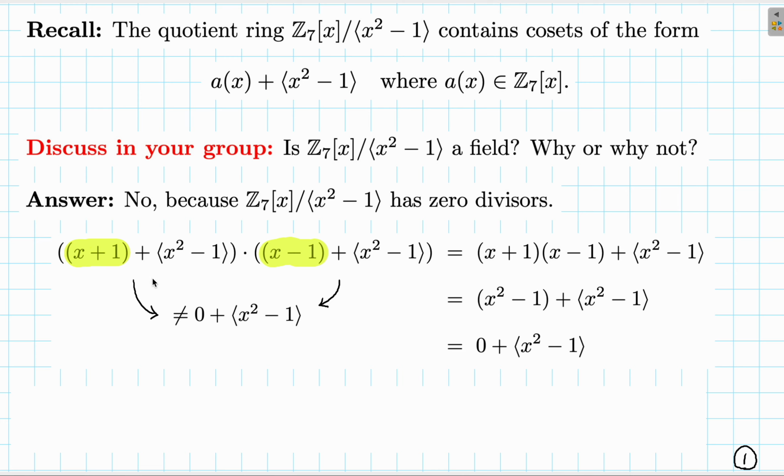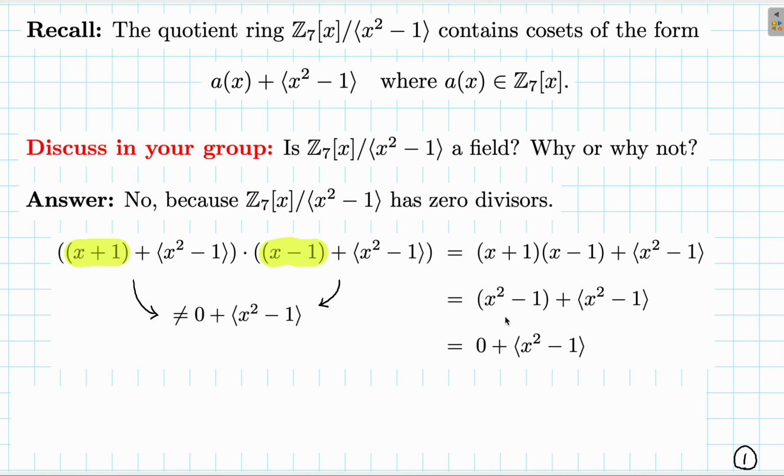So to multiply these cosets, we can just multiply their coset representatives. And so we get the product (x + 1)(x − 1) + ⟨x² − 1⟩. But (x + 1)(x − 1) is equal to x² − 1.